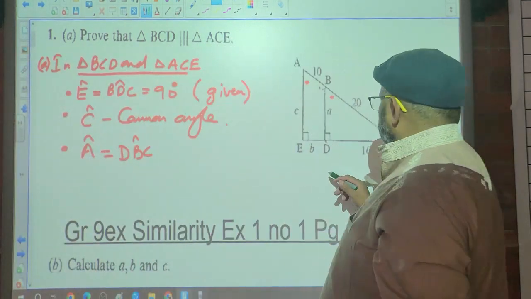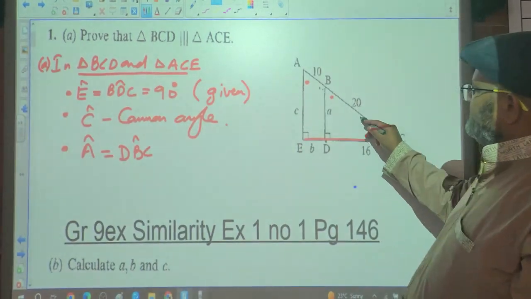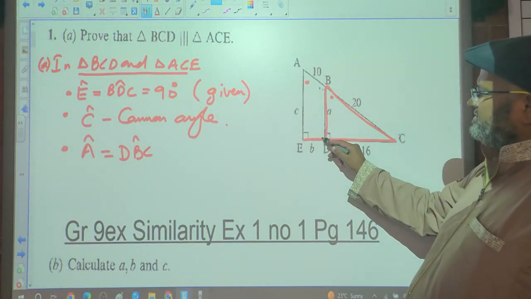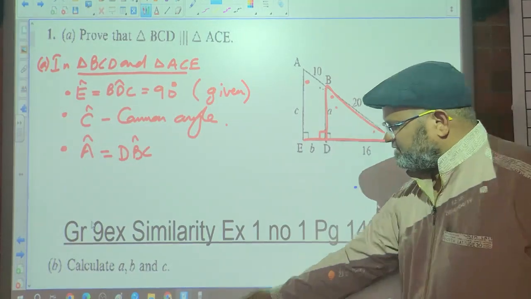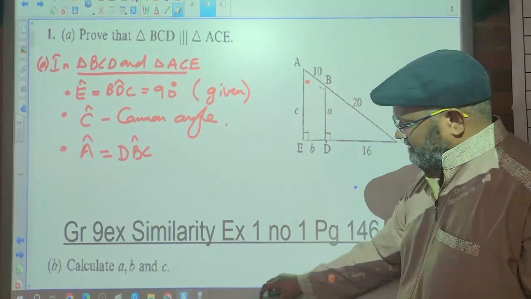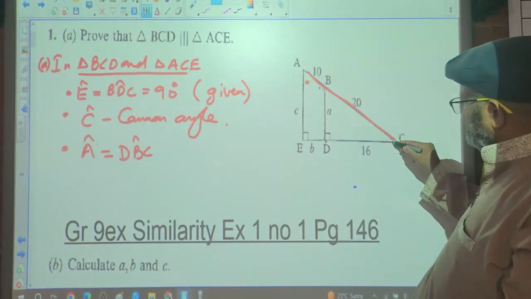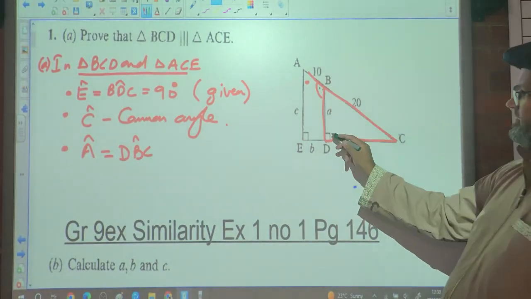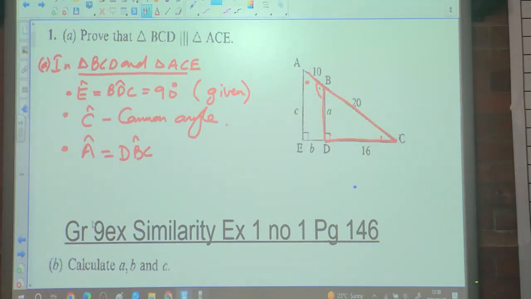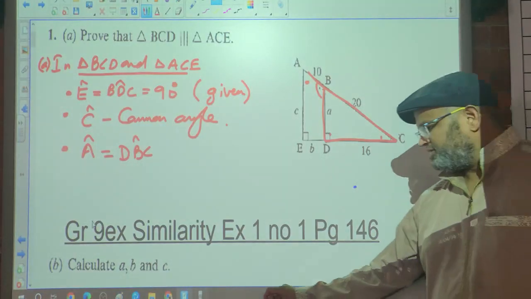No. Because if you look at this triangle, there is an exterior angle, so that is equal to that plus that. Or we say this length is extended, so that angle is equal to that plus that. That is exterior angles. Okay.